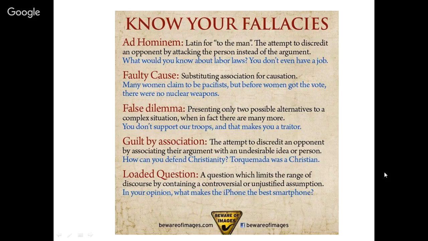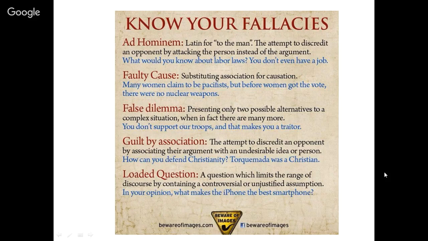False dilemma, presenting only two possible alternatives to a complex situation when in fact there were many more. For example, "You don't support our troops, and that makes you a traitor." Well, the person could not support our troops for other reasons, but whoever is making this quote unquote argument is only providing one explanation, which doesn't necessarily mean it's not true regardless.